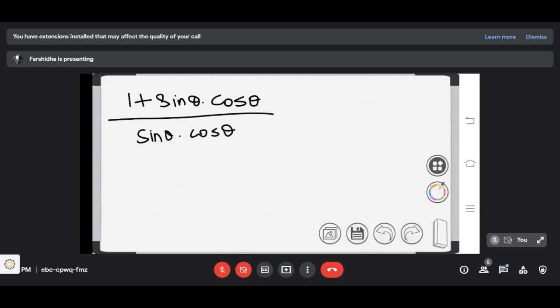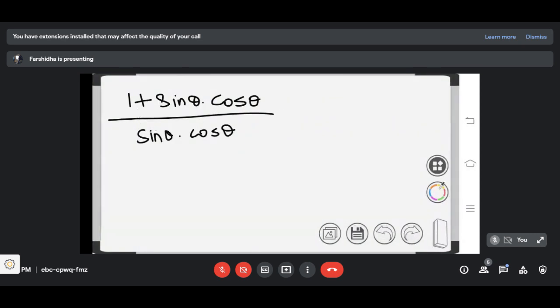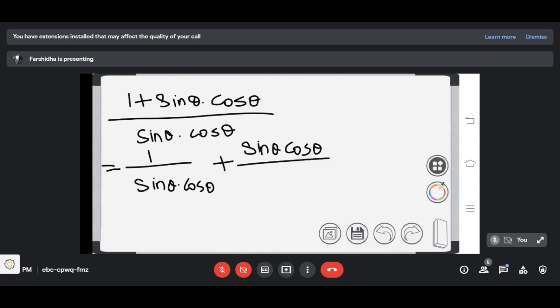So as I said earlier, I'm giving this denominator sine theta cos theta to the numerators, 1 and sine theta cos theta. I'm splitting it into 2. So this one will be 1 by sine theta into cos theta plus next term sine theta into cos theta divided by the denominator sine theta into cos theta.